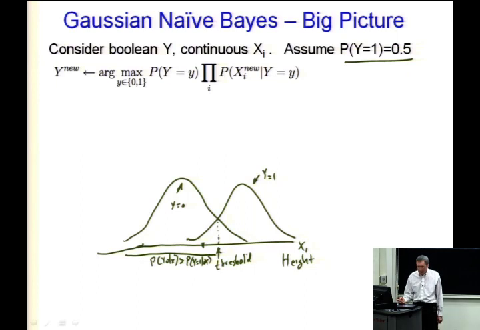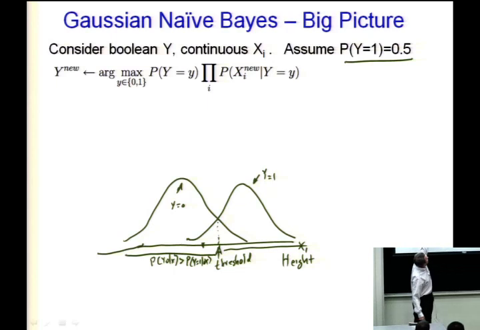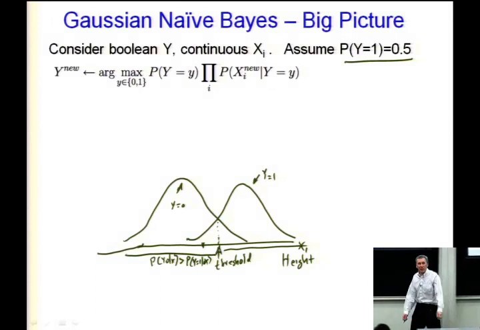Right? And any point over here, I'm going to label y equals 1. So this threshold is really my decision point along this axis. Right? And you can see it. The y equals 0 probability is higher than the y equals 1 if I go this side of the threshold, and vice versa if I go the other side.